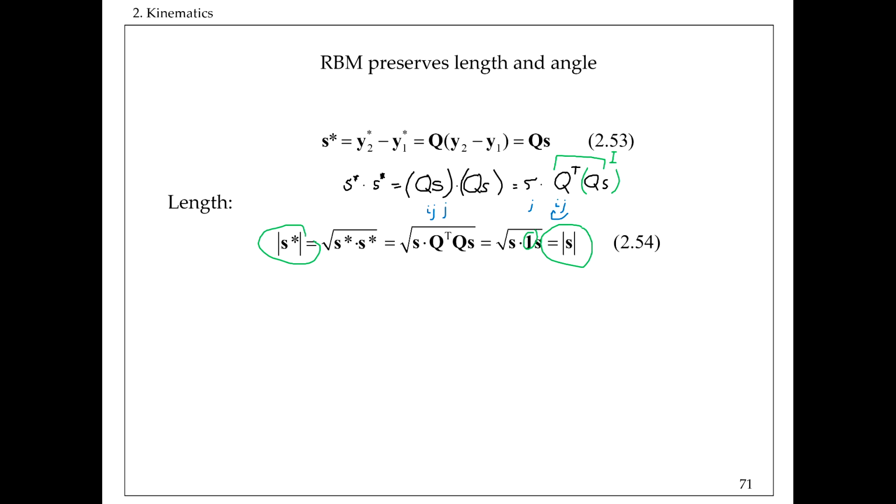Now the next thing for us is to look into the angle, and for that we can define another arbitrary vector p and measure the angle between that vector p and the vector s. Both of them, of course, are randomly chosen, and that should work for any of these pairs of vectors. So let's calculate the change in the angle.